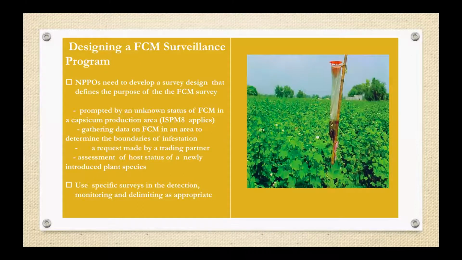And if it is for monitoring, do you believe that the traps should be at the perimeter of a block, or in the middle of the field with the host?